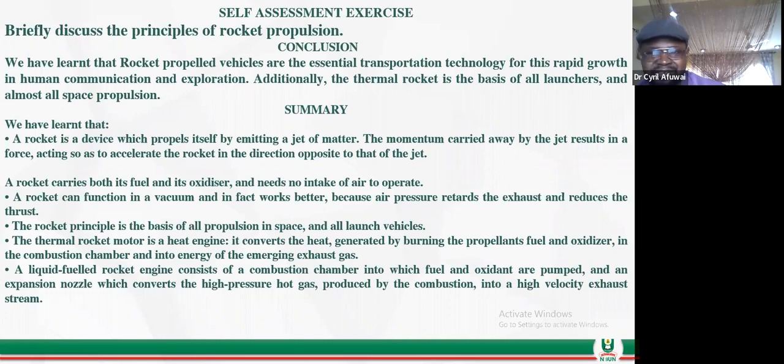While the solid fuel rocket has two propellants with the combustion taking place between the two. So please always remember the differences, and remember to do your self-assessment exercise.